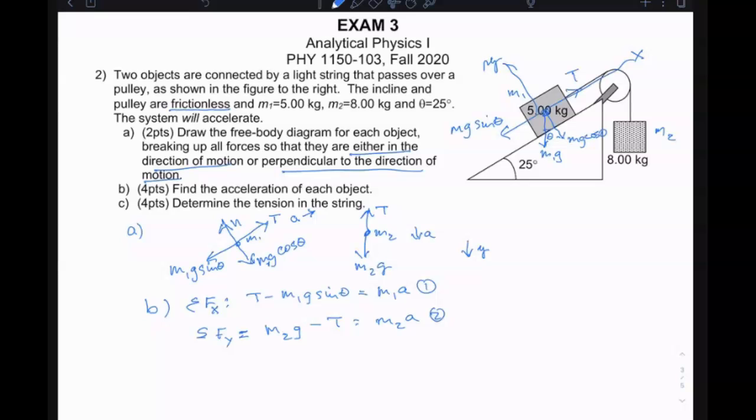I see if I add equation 1 to equation 2, the tension forces cancel out, and I simply have m2g minus m1g sine theta is equal to m1 plus m2 times a.